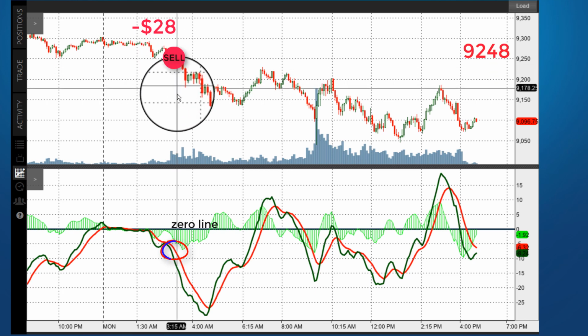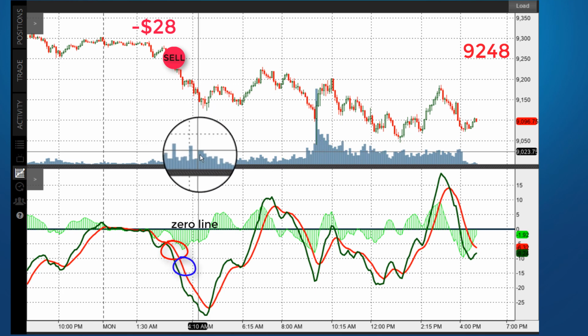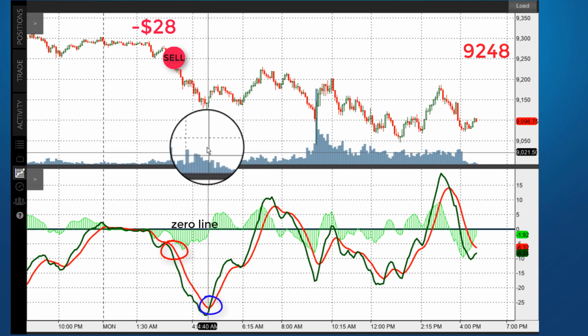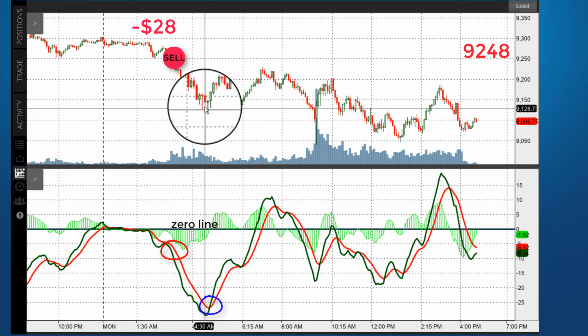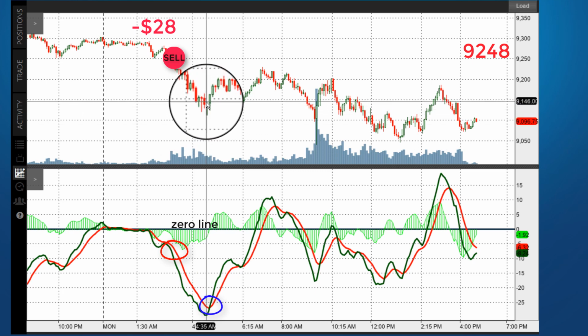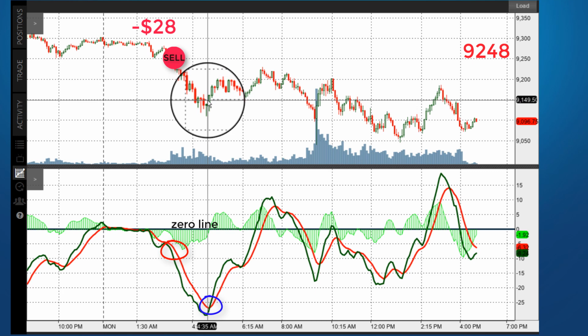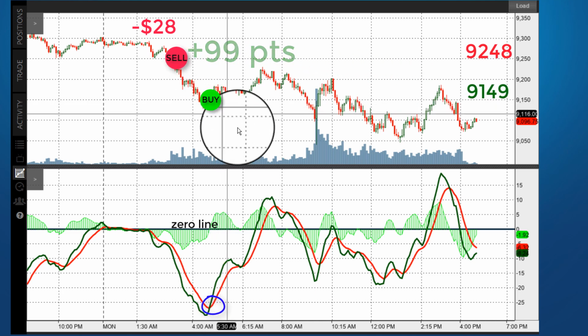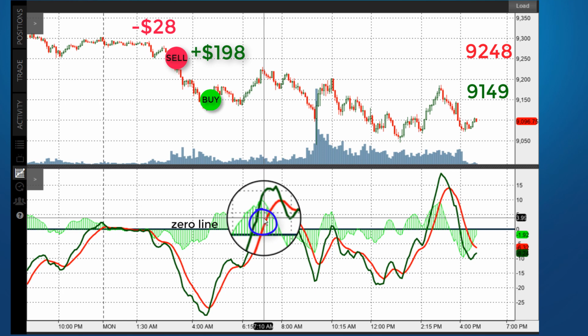This time we're selling at 92.48, and it works out a lot better. The market continues on for a couple of hours, and we get a cover signal, or actually a buy signal here, and that's going to be at a price of 91.49. So that's 99 points, $2 a piece. We're up $198 on that one.